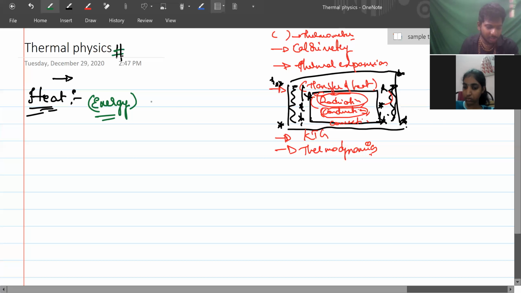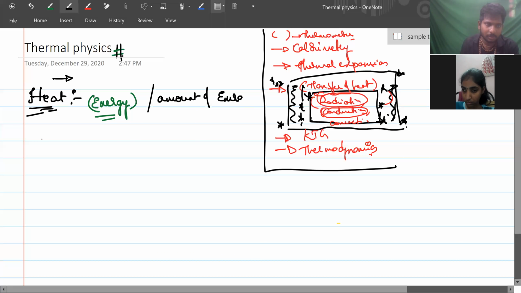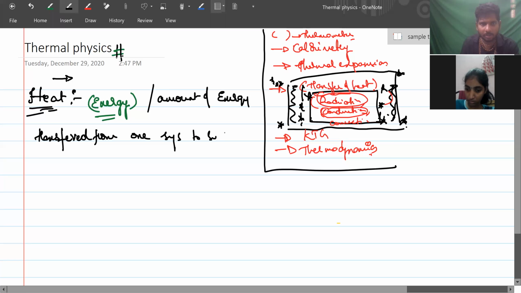So heat is energy. The amount of energy transferred from one system to another system, or one object to another object, due to temperature difference.